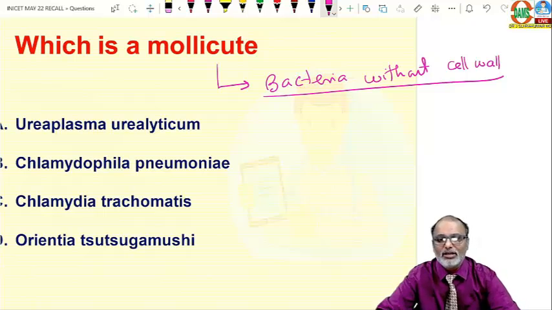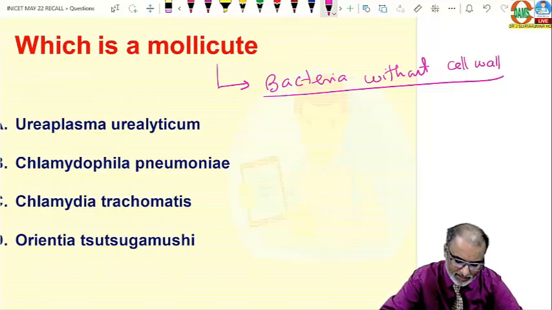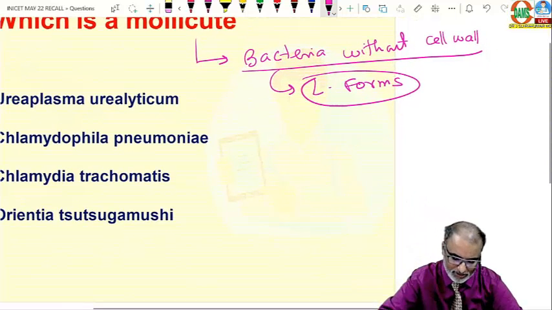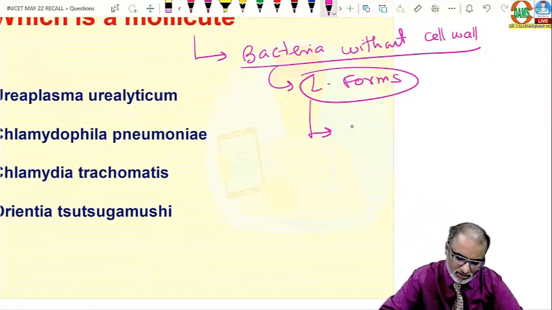Bacteria without cell wall, we otherwise call L form. L form means Lister Institute form. We have 2 types. One is called stable natural L form.